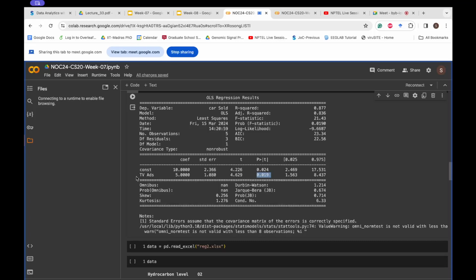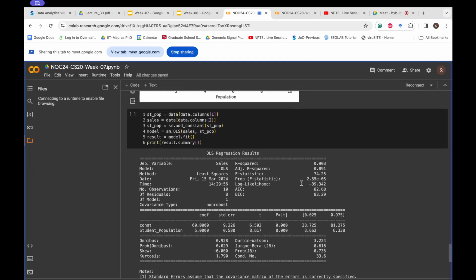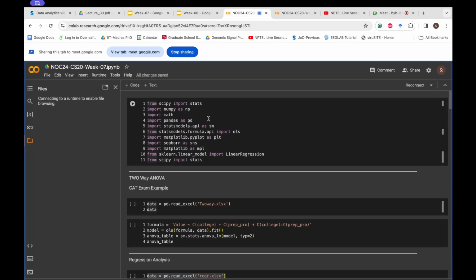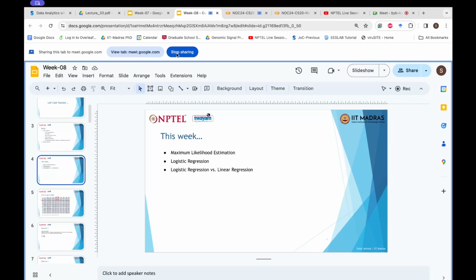And then for every independent variable, we have the corresponding p value to identify if the particular estimate of the coefficient of the independent variable is significant or not. And then we saw one more example. Okay, so I'll leave it over here. We'll move on to maximum likelihood estimate, and then followed by logistic regression in today's session.